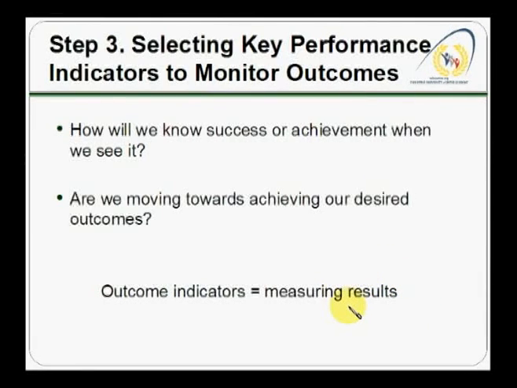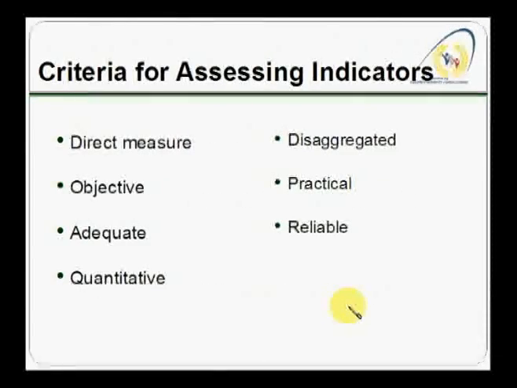So in measuring results, this is why we refer to your monitoring and evaluation as results-based monitoring and evaluation, which is beyond just counting the number of students that you taught or the number of computers that you bought. Those are not outcomes. Those are just activities or outputs.